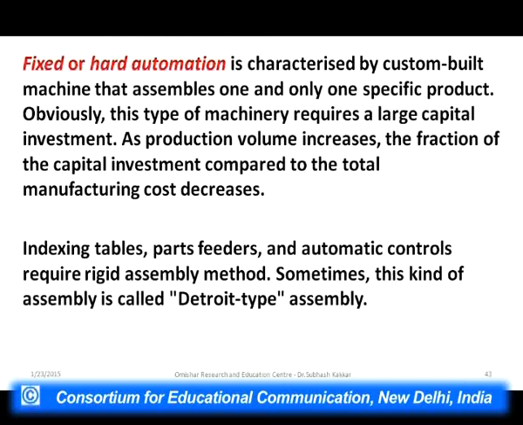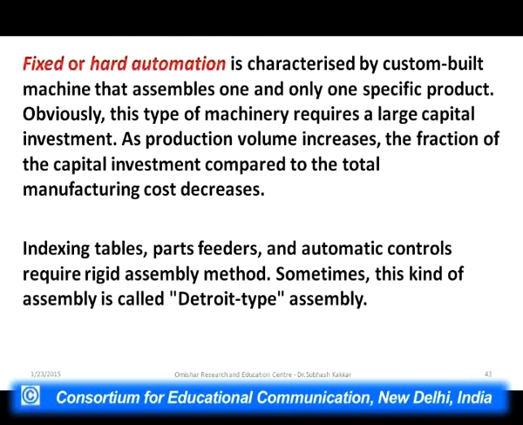Obviously, this type of machinery requires a large capital investment. As production volume increases, the fraction of capital investment compared to the total manufacturing cost decreases. These are specially tailor-made machines which are used for the assembly work for the product.